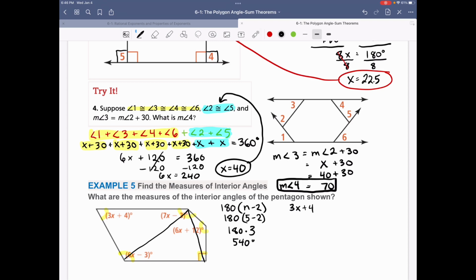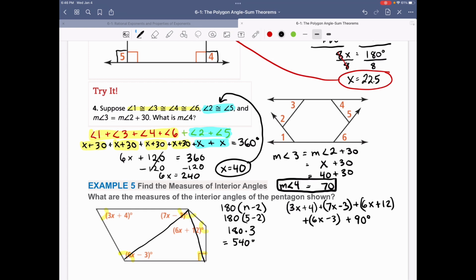Then we have 7x minus 3. We have 6x, I'm running out of space, plus 12. I'm just going to continue underneath. And we have 6x minus 3. We have 90 degrees. And that's going to all be equal to 540.